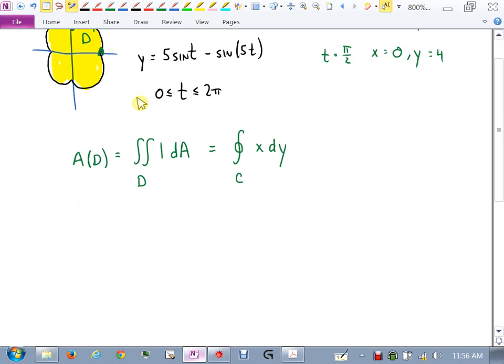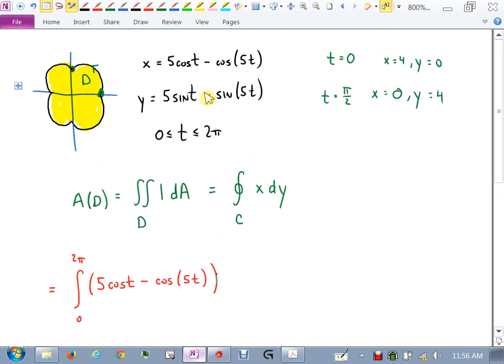So what I need to do now is just rewrite this line integral. I have limits of integration from 0 to 2 pi. My x was 5 cosine t minus cosine 5t. Right? And then I need dy.